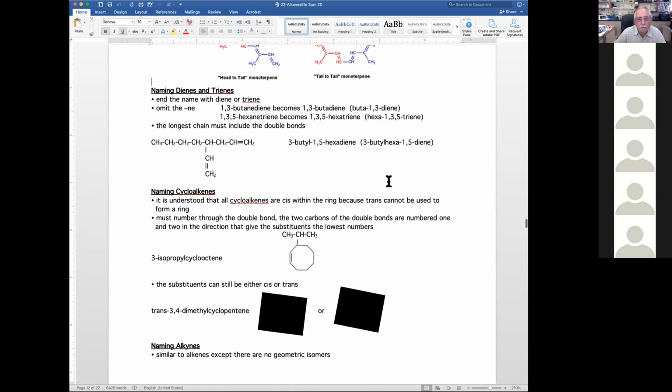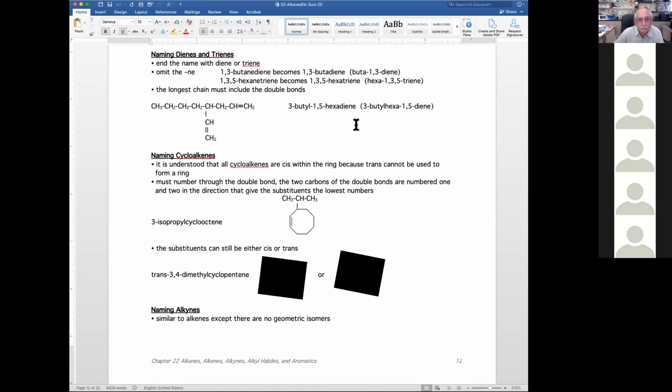So how do we name dienes and trienes? You use the name diene or triene, and we seem to omit the NE. So what does that mean? 1,3-butane diene becomes 1,3-butadiene. Or you could say buta-1,3-diene. If you write 1,3-butane diene on a test, I'll probably think they didn't know to leave off the NE.